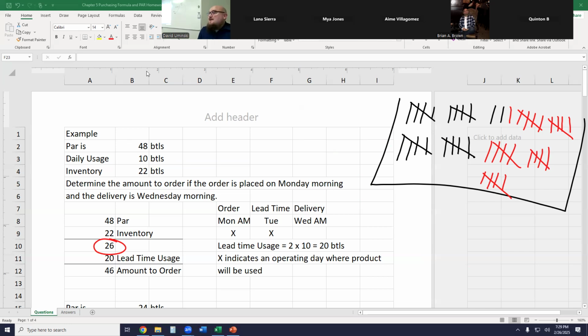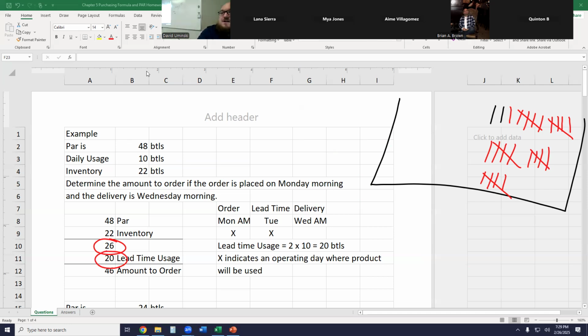Monday service happens, I open my doors to the public. I'm going to use 10 bottles on Monday. Tuesday happens. I use my 10 bottles on Tuesday. Now my 26 bottles show up. Am I up to 48? No, I'm not. So that's where these extra 20 bottles come into play.